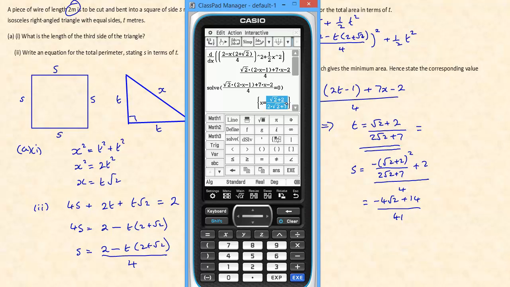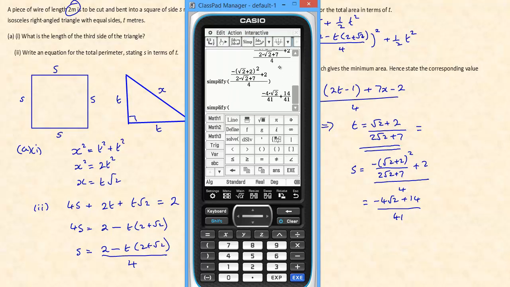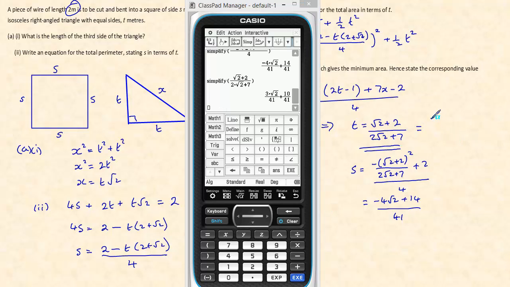That was here. So let's just copy that. Go down here and transformation, simplify, and paste that there. And that gives us 3 root 2 plus 10 all over 41.